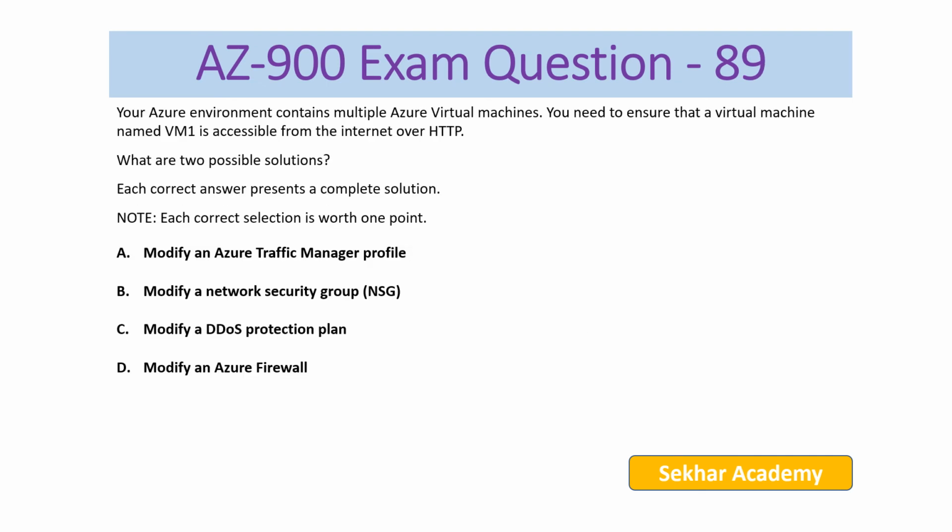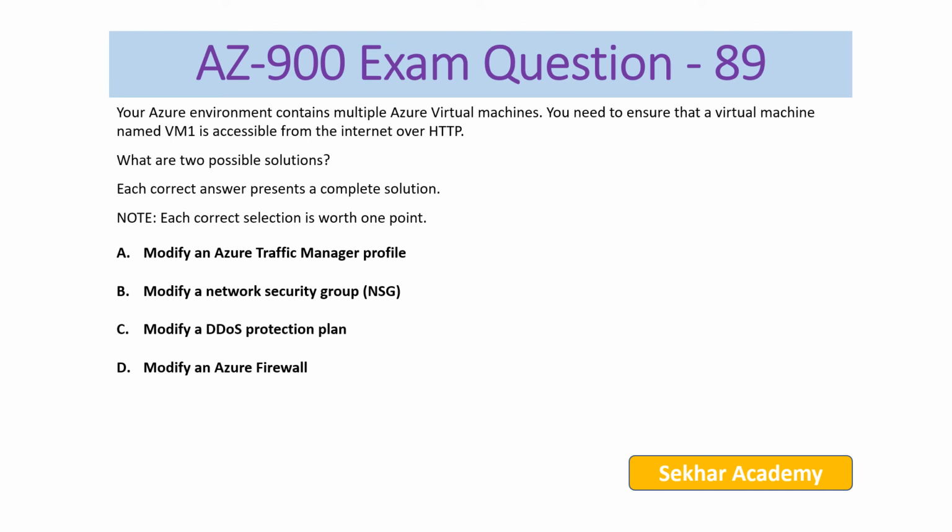AZ-900 exam question number 89. Your Azure environment contains multiple Azure virtual machines. You need to ensure that a virtual machine named VM1 is accessible from the internet over HTTP. What are two possible solutions here? Each correct answer presents a complete solution. Note, each correct selection is worth 1 point.